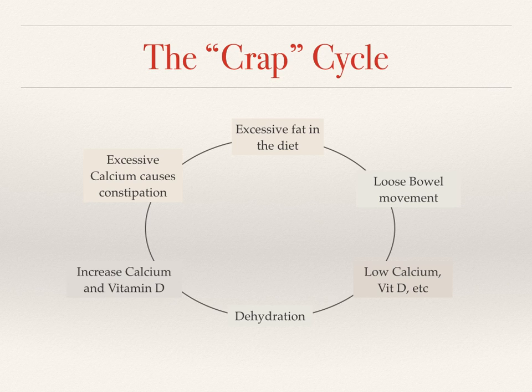This may actually cause not only dehydration but also low calcium and vitamin D. Then the patient has to take more calcium and vitamin D, and the excessive amount of calcium will cause constipation. And the constipation is supposed to be remedied through anecdotal information by having increased fat in the diet, when this vicious cycle continues.